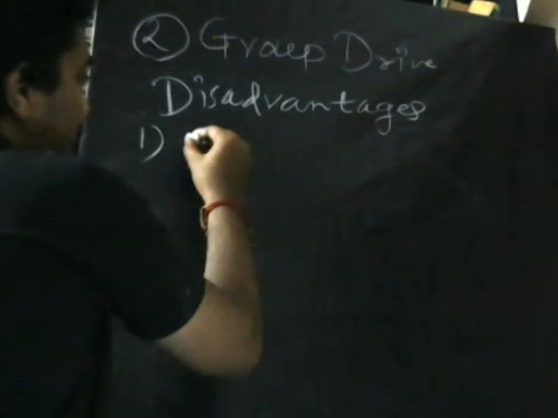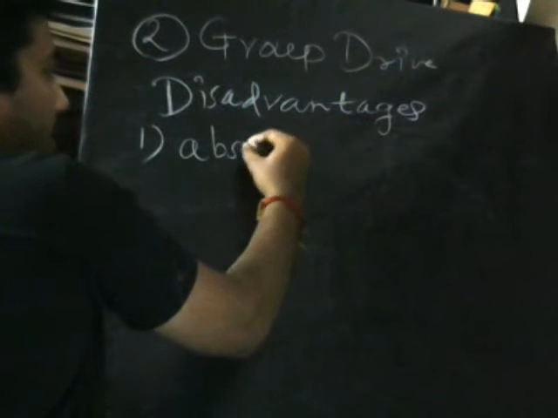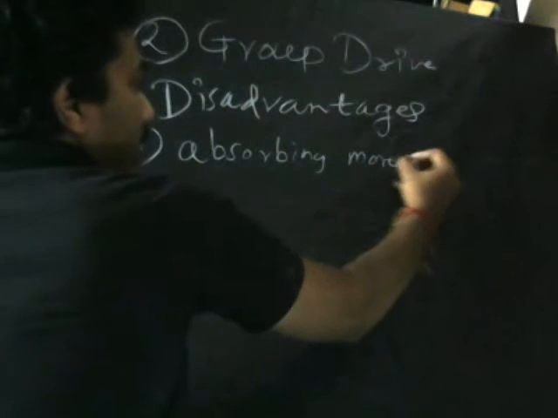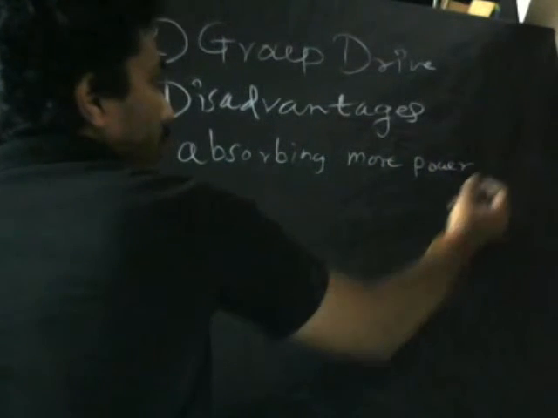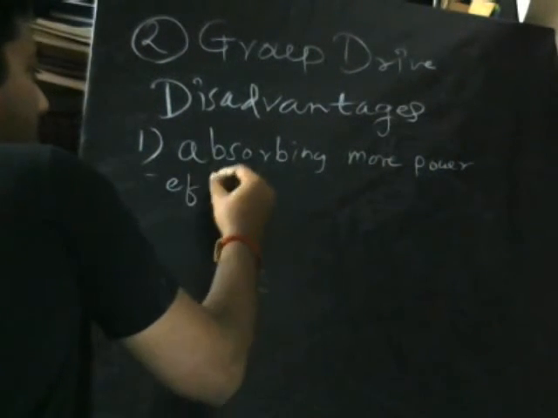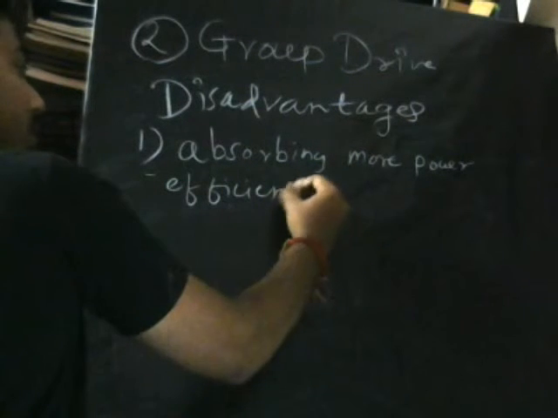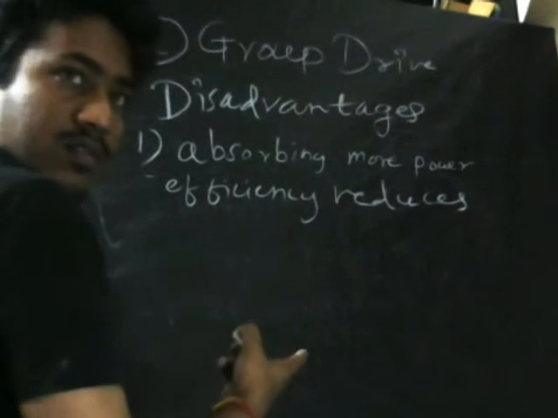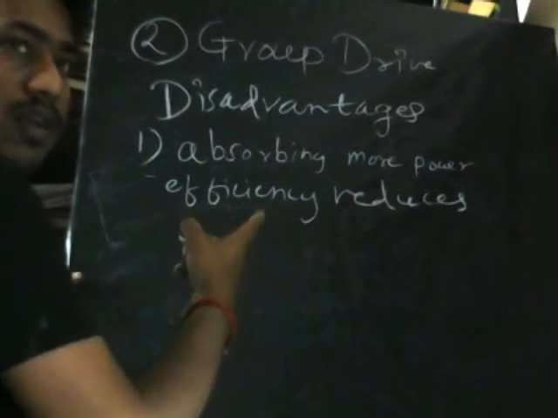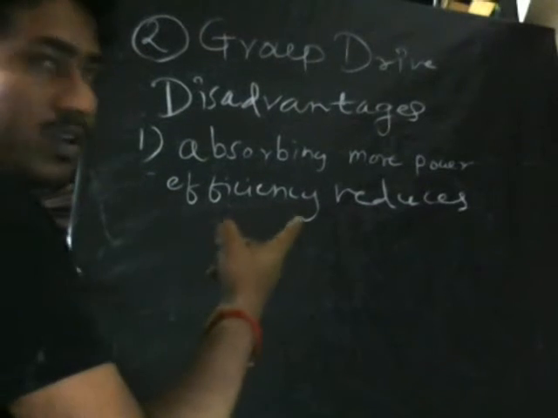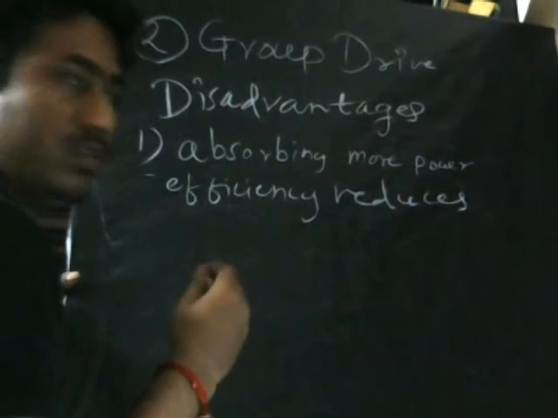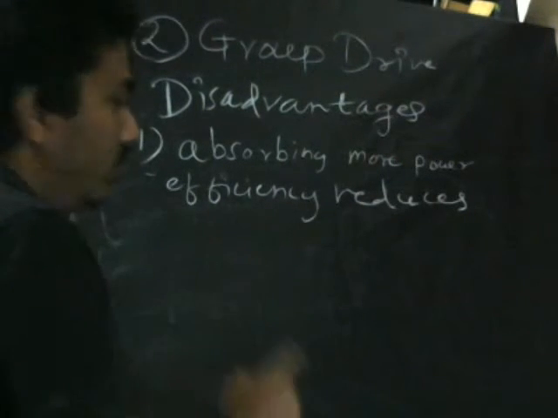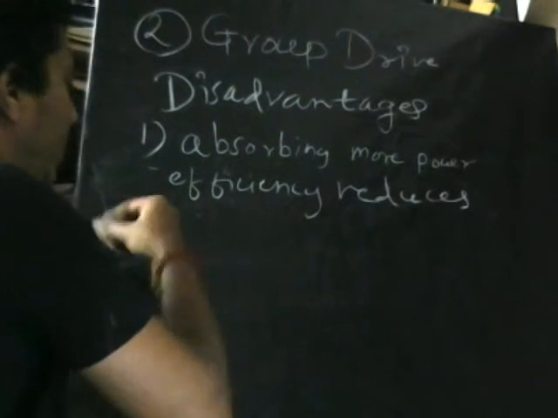So we can write it like absorbing more power, so efficiency reduces. Correct? I have written it shortly that we have shaft, belt, and pulleys that absorb more power. So efficiency becomes low. That is the first disadvantage.